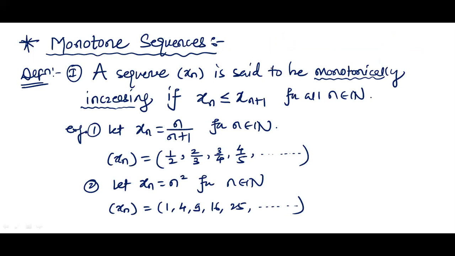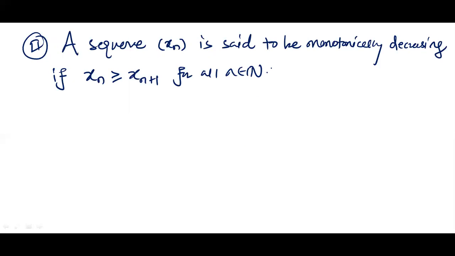In monotonically increasing, xn is less than or equal to xn plus 1. And in monotonically decreasing sequence, we are taking xn greater than or equal to xn plus 1. Means any term of the sequence is greater than or equal to its next term. Means the terms of the sequence are in decreasing manner.